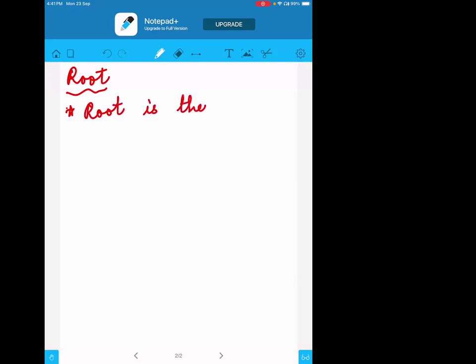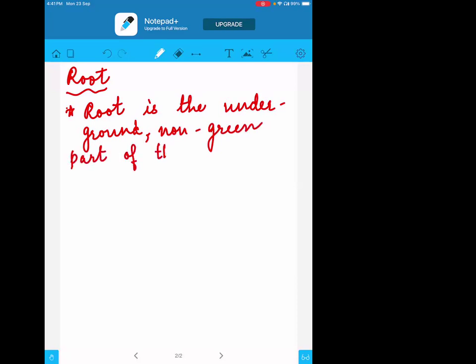Root is the underground non-green part of the plant which fixes it to the soil.